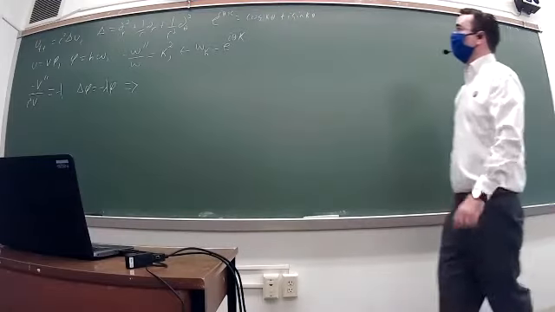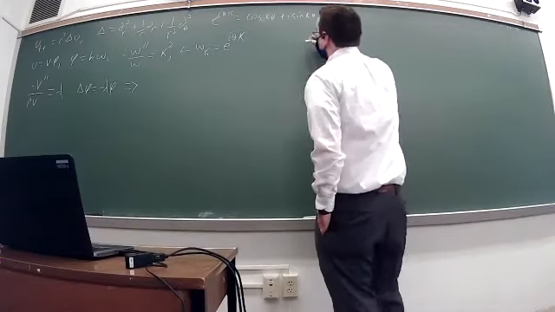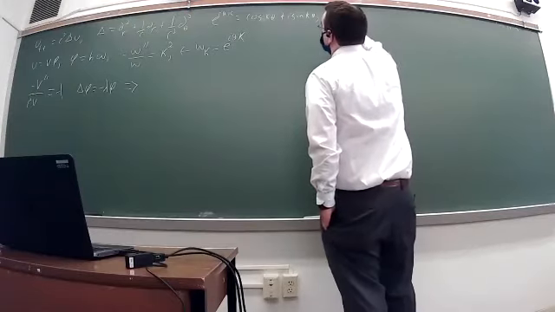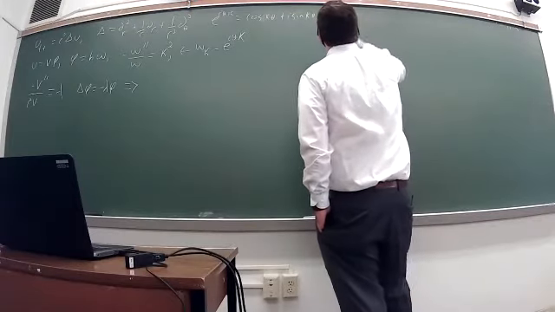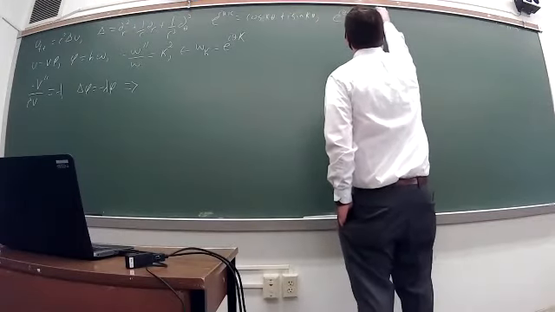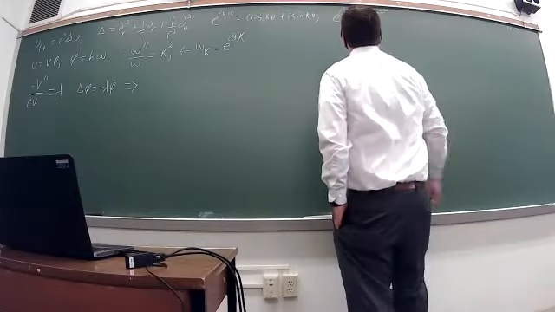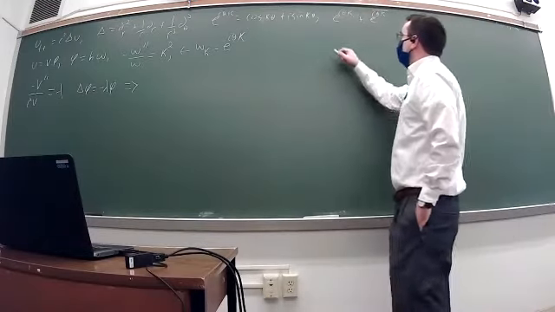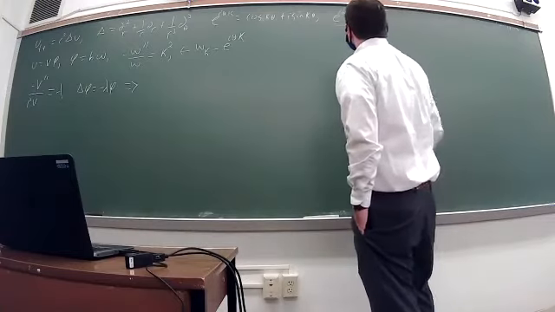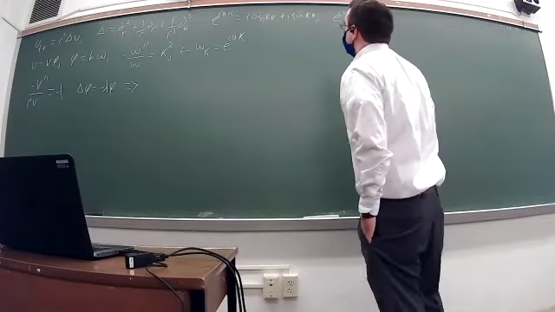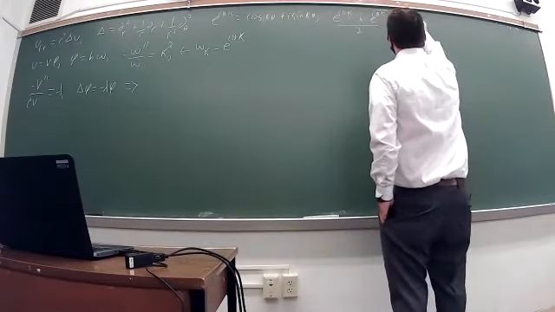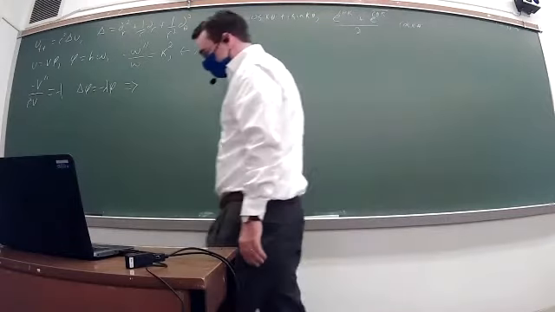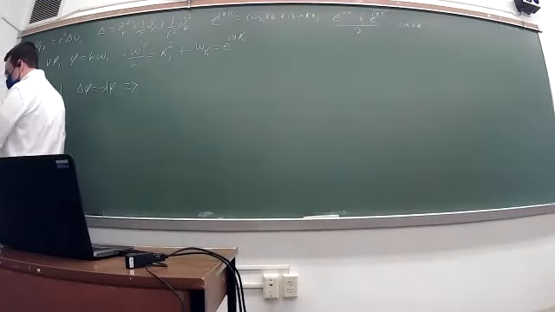Since you've got a linear equation, you know that the function and its conjugate, so e to the negative i k theta, both satisfy the equation. You can add them and divide by 2 and you'll end up with cosine k theta. Similar argument for the imaginary part.